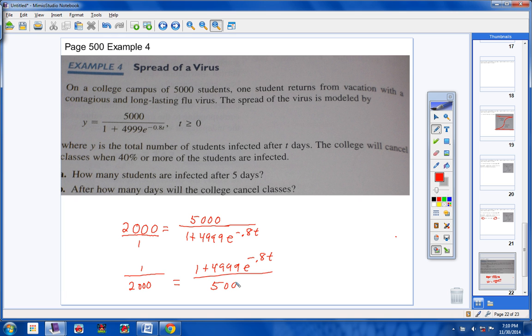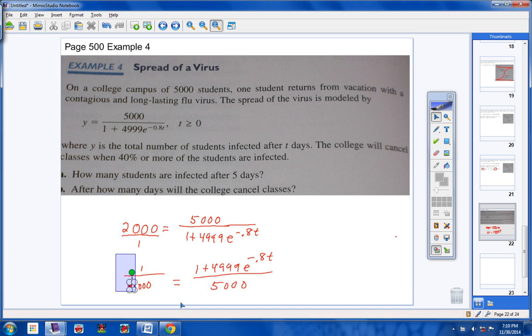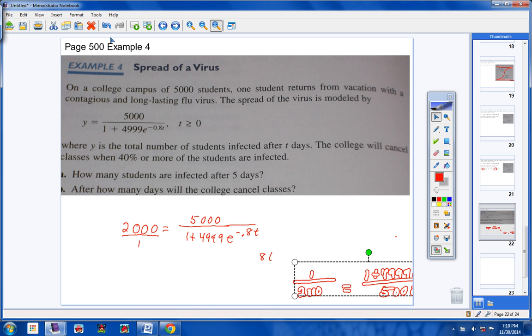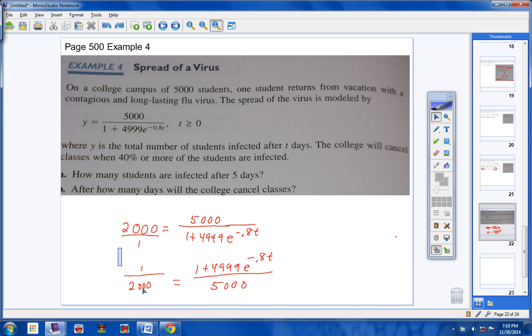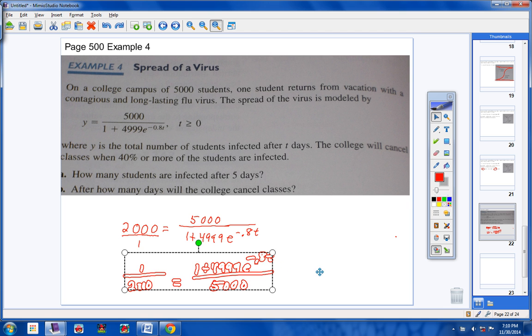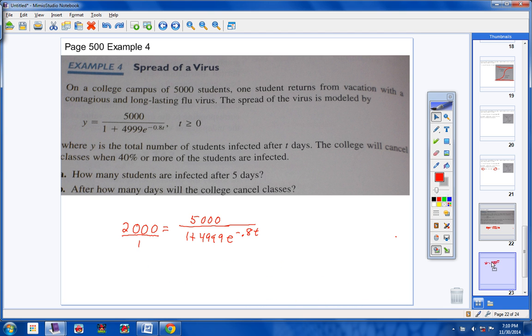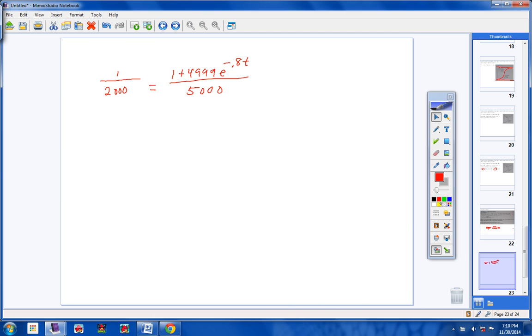Now let's go ahead and get a new page up here, and now let's solve this. Now look, students, what is your denominator? 2,000. What is your denominator? 5,000. So I'm going to multiply both sides by 10,000.